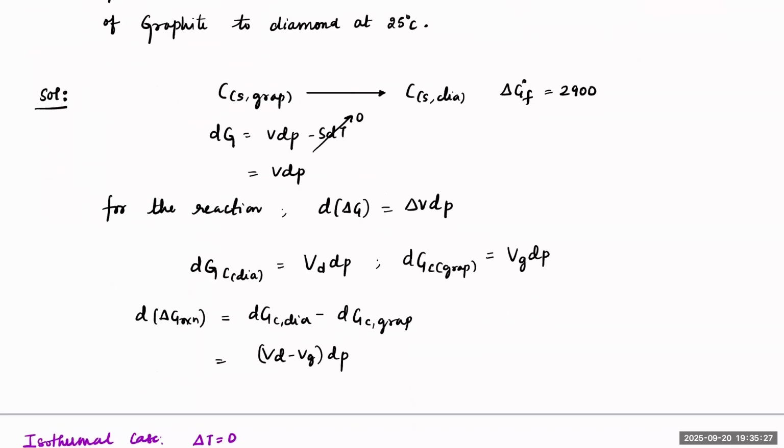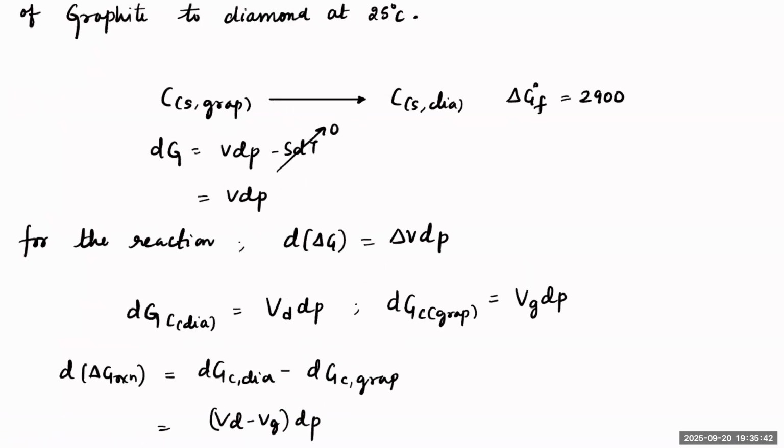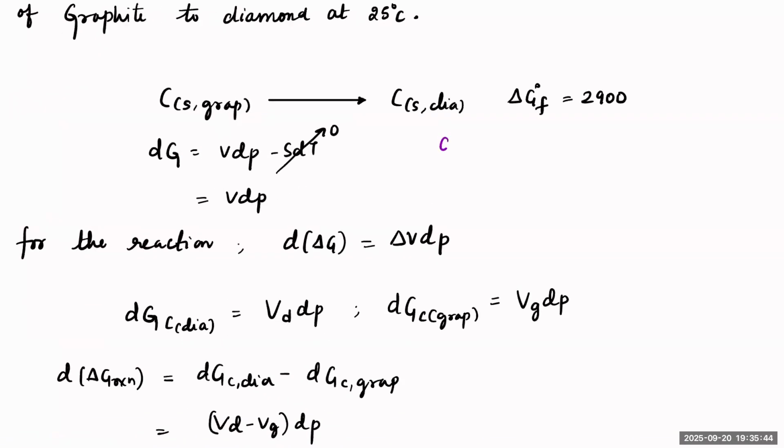Now we know that dG is equal to V dP. The S dT part is not there here. Now I can say there is a change in the reaction. So how do we write delta G here? G is products minus reactants. So I can write delta G of the reaction as G of diamond minus G of graphite.